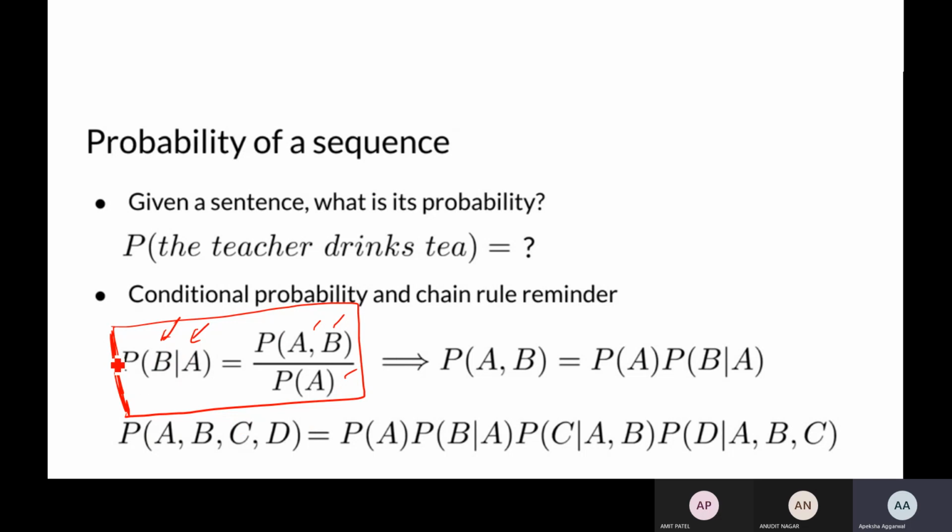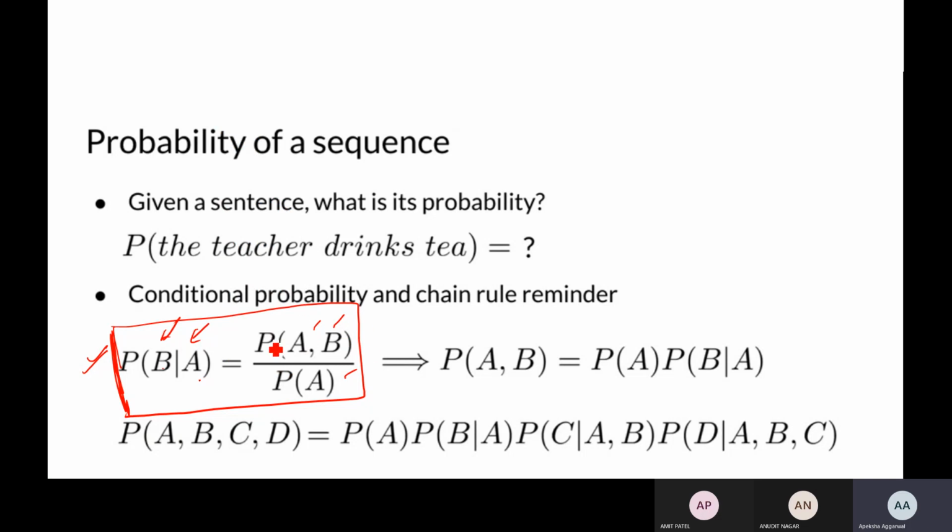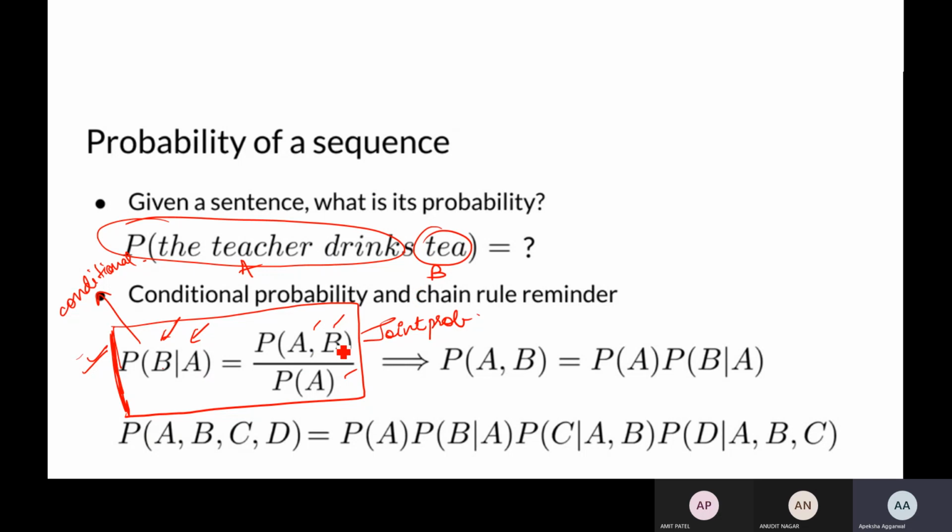So this is the conditional probability of occurrence of B given A, and this is the joint probability of both A and B. So this is joint probability, and this is conditional probability, of both the words given A already occurred. If you consider this whole as one word A and this as B, now it becomes simple.